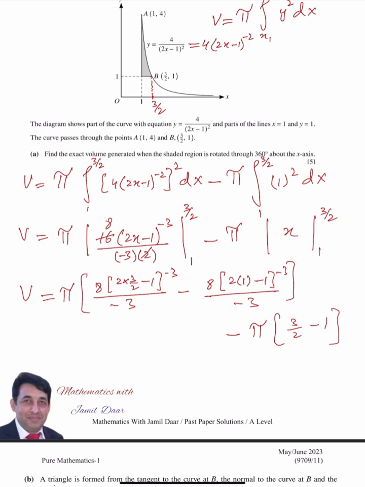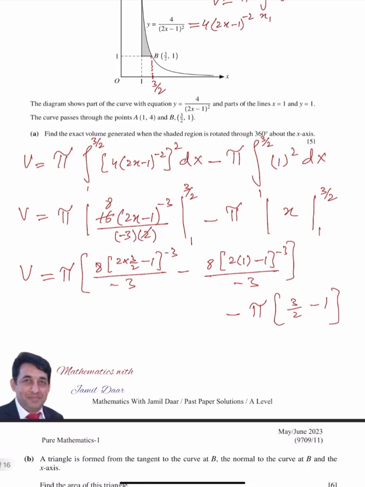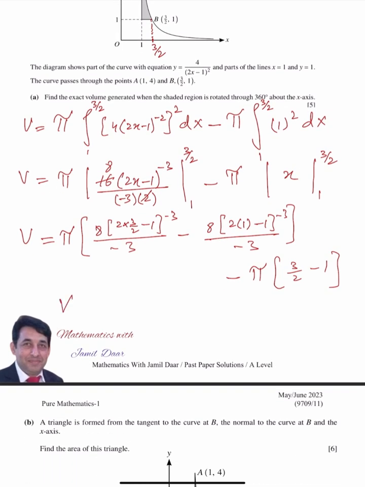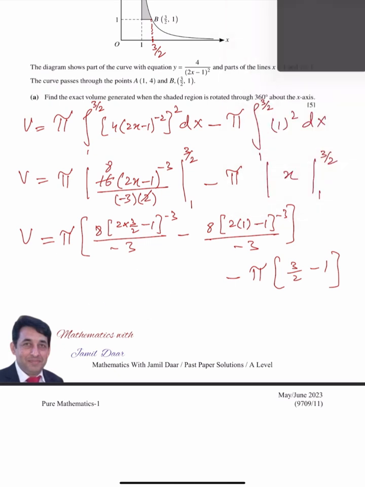Okay, so if you do the whole calculation, the first one will become minus pi times (1 by 3 minus 1 by 3), and plus, okay, let me add one more page.